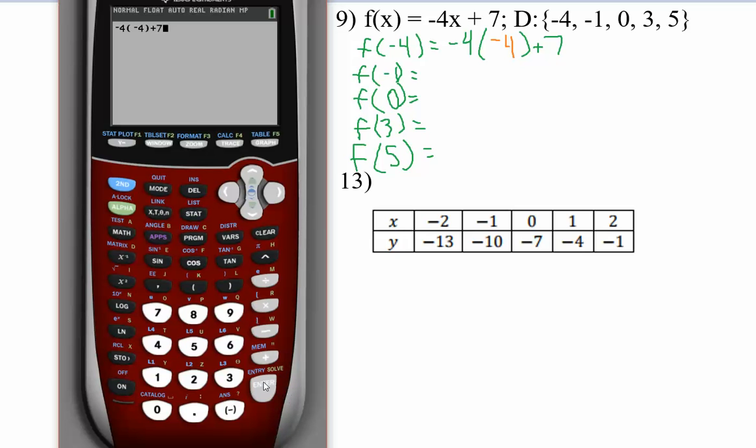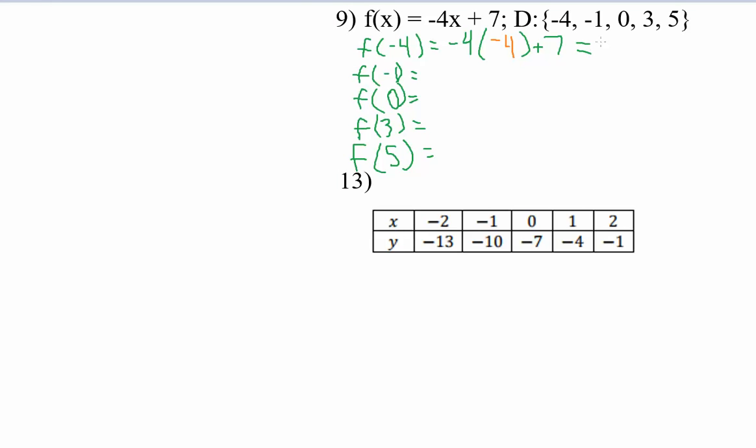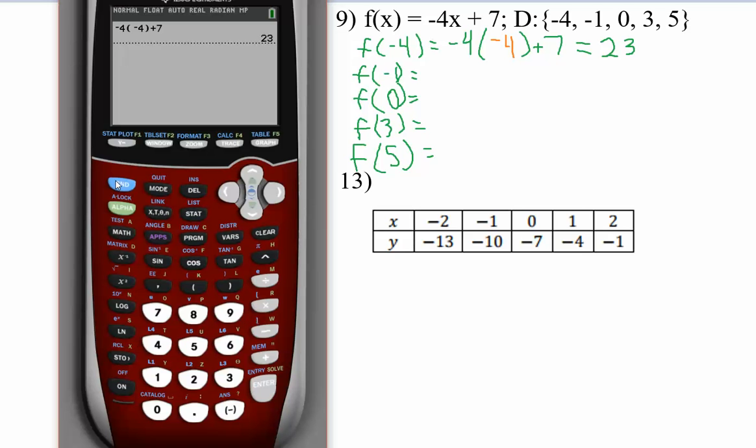So substituting the value in, plug it into the calculator, we find that it's 23. And we do the same with the other values as we go through. And here's the quick shortcut on the calculator. Second, enter. And now I can just arrow back and change from -4 to -1. Find out that it's 11.